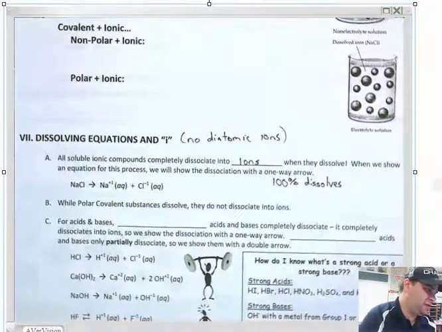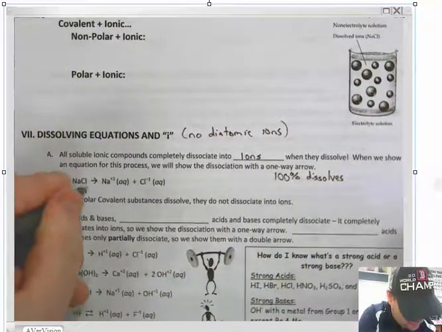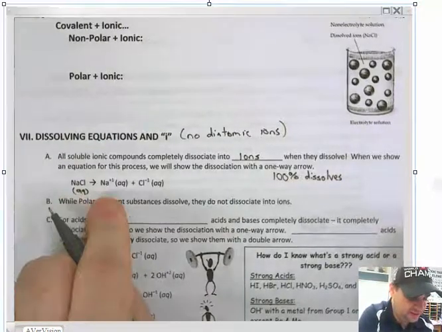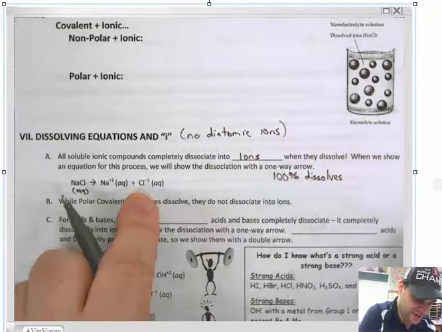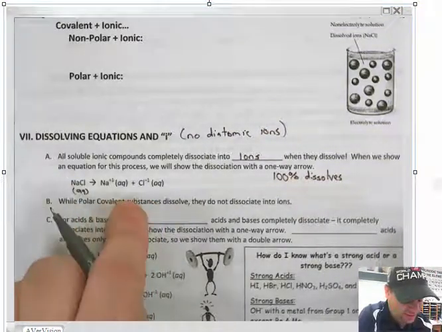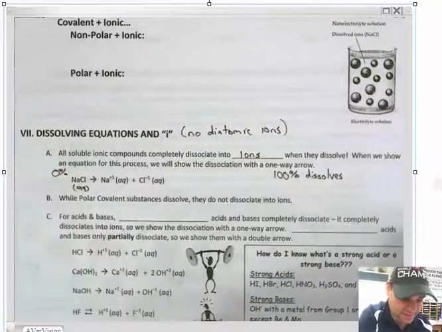For instance here, sodium chloride is aqueous, so it will break apart into sodium ions and chloride ions. In a sodium chloride solution, there is 0% sodium chloride.